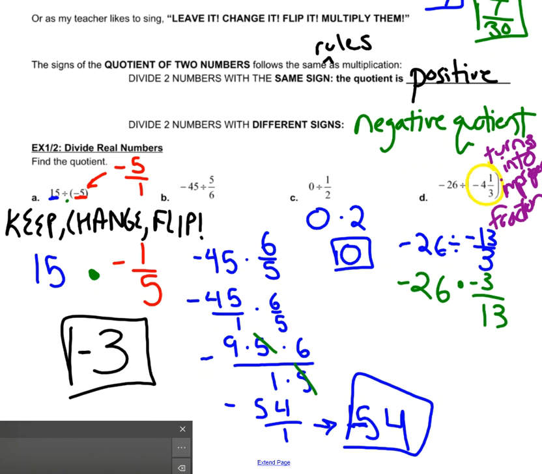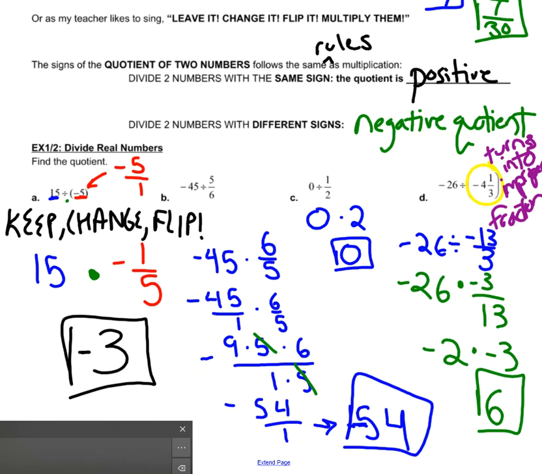For now, it doesn't matter where that negative sign floats on that second fraction, as long as it's with only one of those numbers, either the 3 or the 13. So negative 26 times negative 3 over 13, 13 goes into 26 2 times, that leaves negative 2 times negative 3, which gives us positive 6. Ah, yay! And that is our answer.